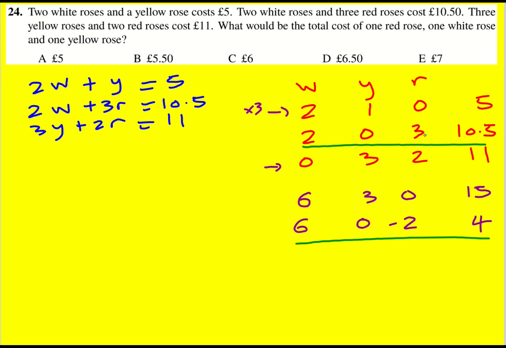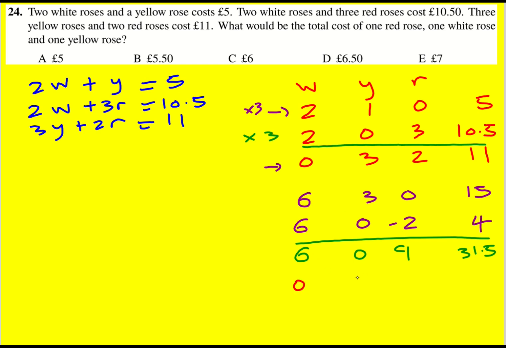It would be 2W plus 3R is 10.5, 6W minus 2R is 4, if you wanted to write it again algebraically. I'm going to times the second one by 3, giving me 6, 0, 9, and then 31.5. And then I'm going to do the green one minus the purple one.